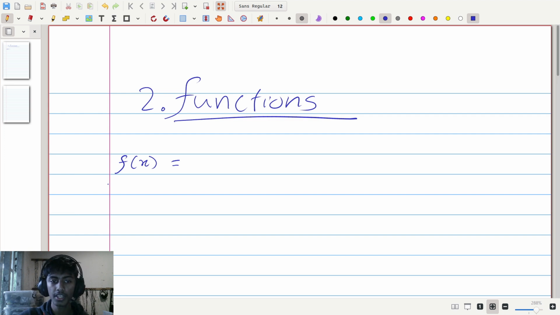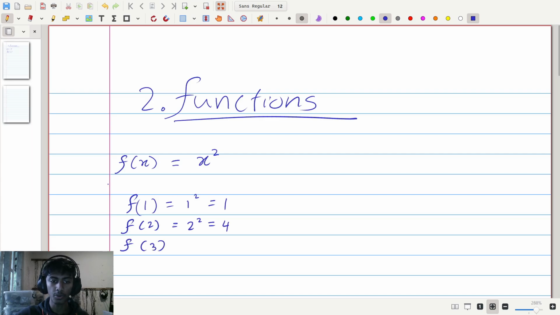So if I say that this is x squared, then that means that f of 1 would be 1 squared, which is 1, and f of 2, which is when we input 2 instead of x, will be 2 squared or 4. And similarly f of 3, we'll just illustrate a little more. f of 3 is 3 squared, which is 9.